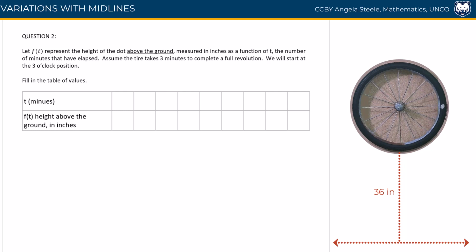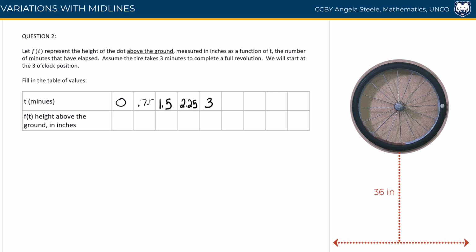So our time in minutes is still going to be the same. Just like before, we're starting at time 0, and then it's going to be 0.75 to go a quarter of the way around the circle, and then 1.5, and then 2.25, and then 3 minutes to complete that full revolution.